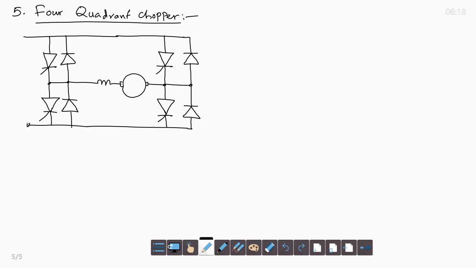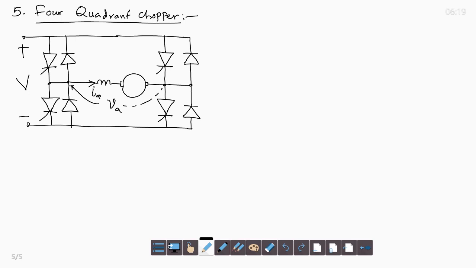So, at the extreme left you have the DC supply voltage to the chopper circuit plus V, and this is the motor current IA, and this is the motor voltage VA. Motor is across the load terminals, and you have here 4 chopper switches and 4 diodes. Diodes are in reverse parallel to chopper switches.